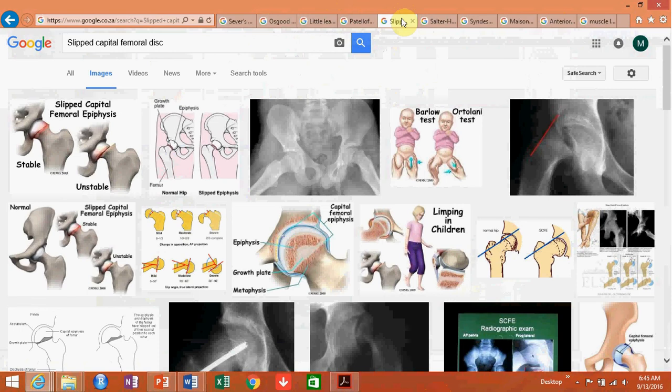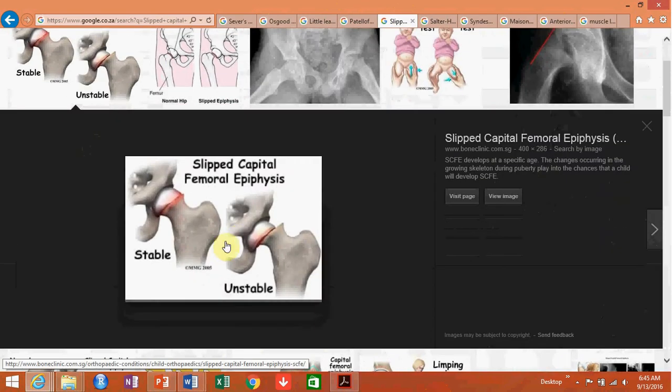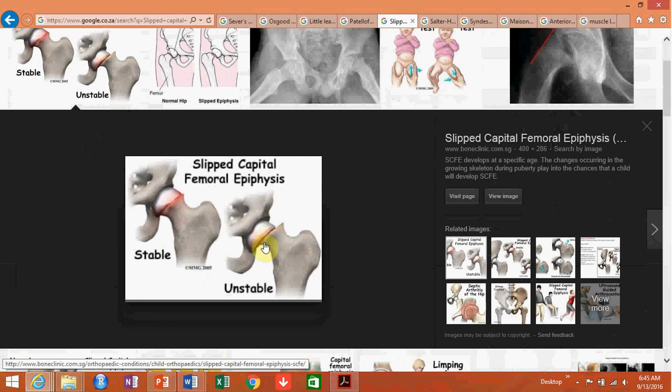Okay, this one, slipped capital femoral epiphysis. And basically what happens here is that this is where the growth plate is, and because the child is quite heavy, and normally happening in overweight or obese children, the actual disc or the head of the femur actually slips right off and can cause necrosis, damage of the nerve systems in that area, and of course problems with ambulation later in life.